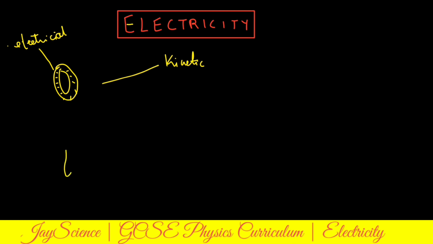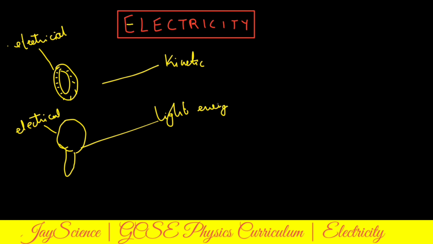Same thing for light bulbs, just kind of different. Light bulbs convert electrical energy to light energy, and they also convert some of that energy into heat, because once you touch a light bulb, you feel that heat.